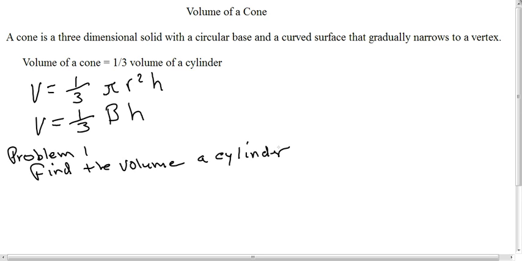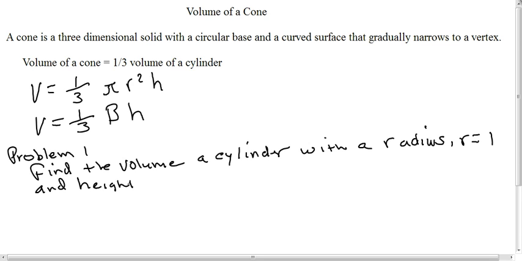A cylinder with a radius R is equal to 1, and let's say our height H is equal to 2, and we're going to call these meters, if you don't mind.